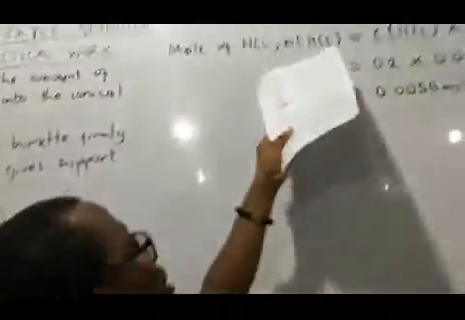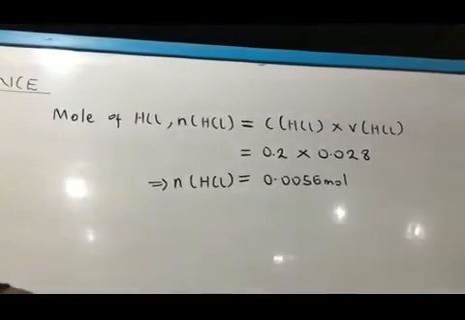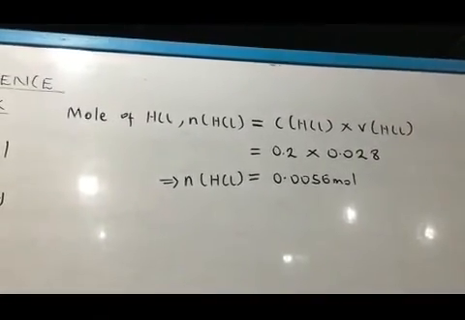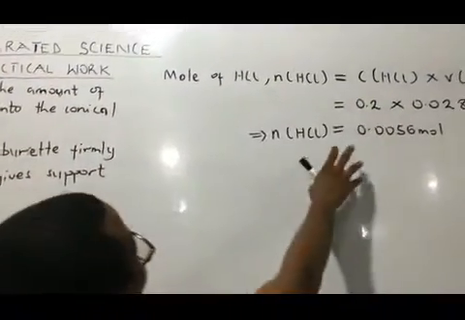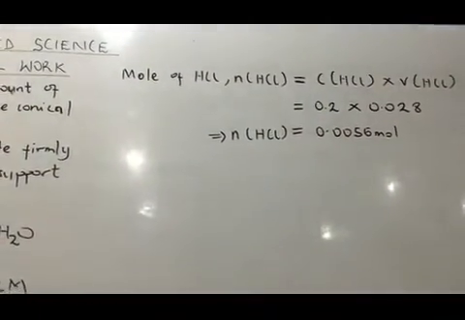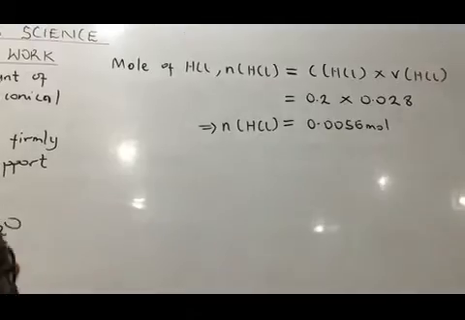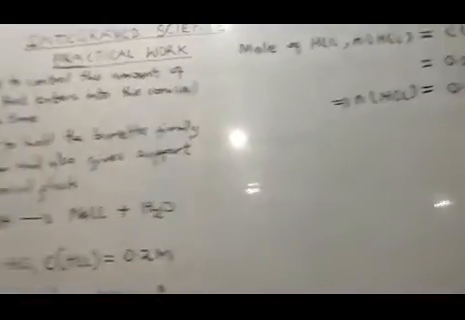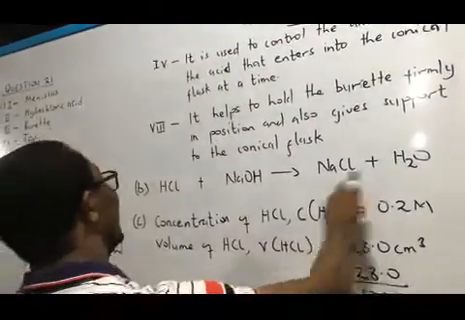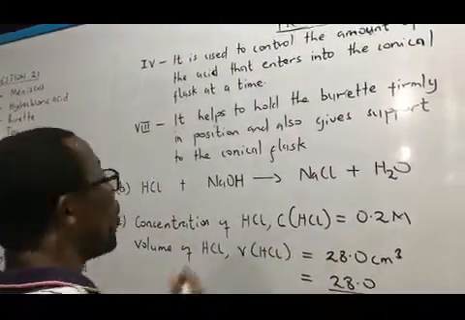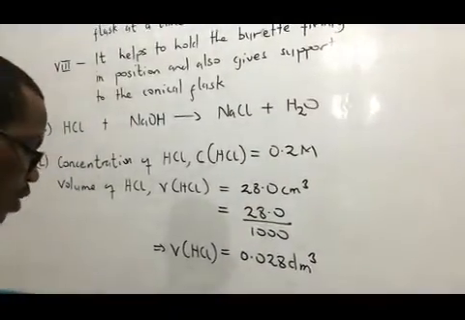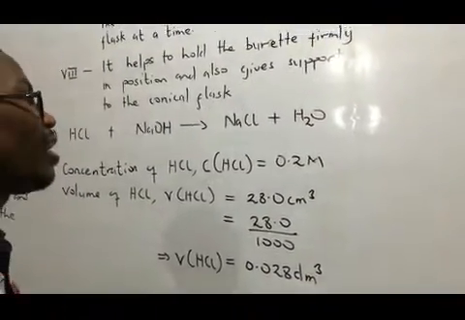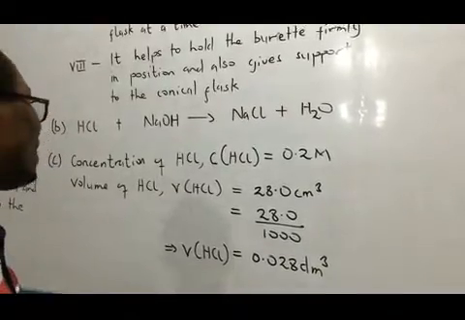So you can't use this approach to calculate for the base. But from the information given, it is the mole of the acid that we can calculate. So after getting the mole of the acid, we now use the balanced equation and compare the mole ratios to obtain the mole of the base.